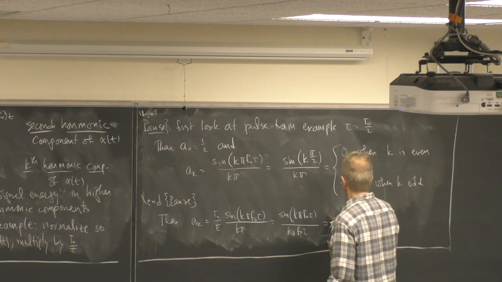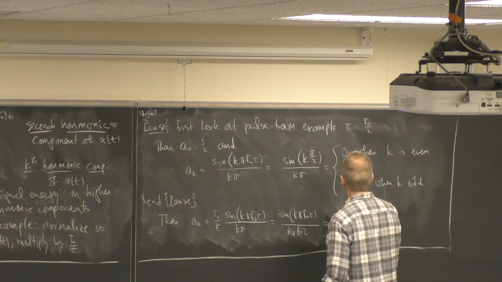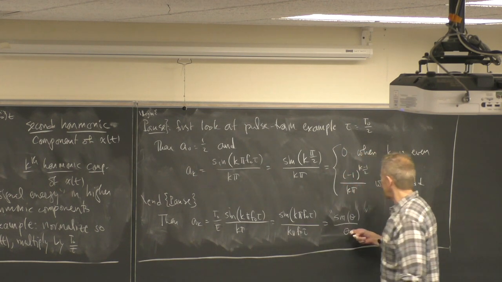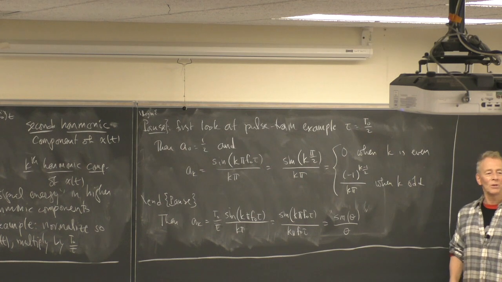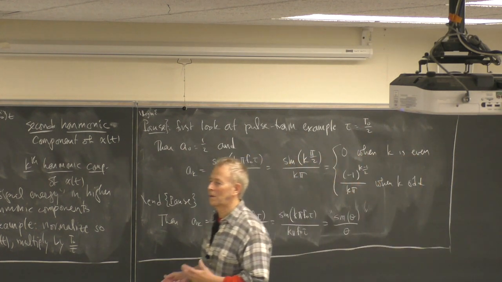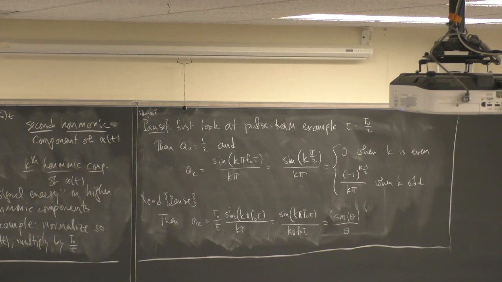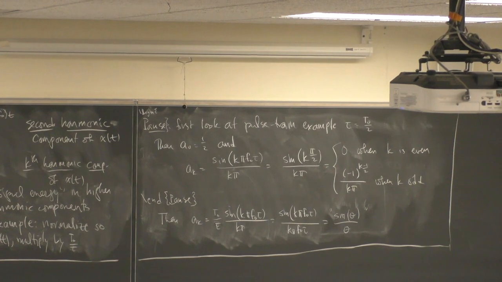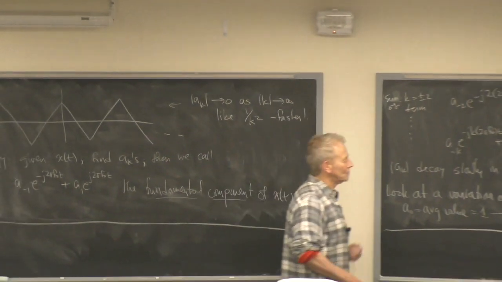And this is just a sine theta over theta type of thing. Whenever you can find it somewhere, it's your friend. It helps you solve problems, right? How come? Well, as theta goes to 0, it approaches 1. That's one good thing about it.